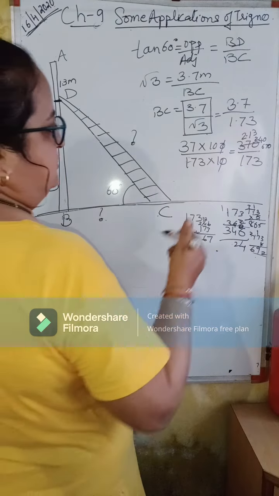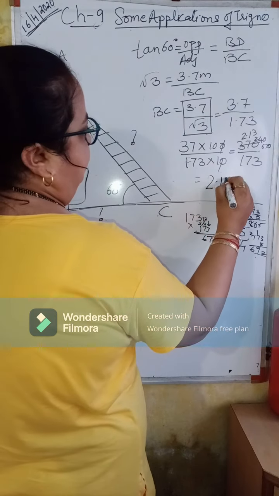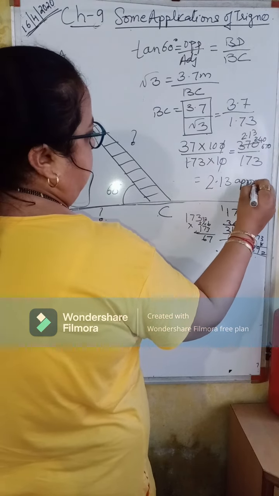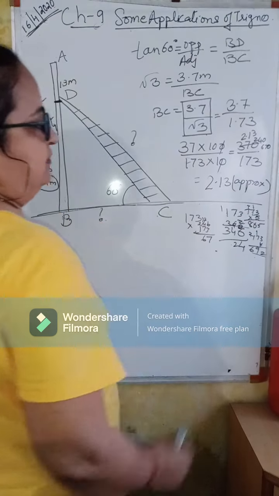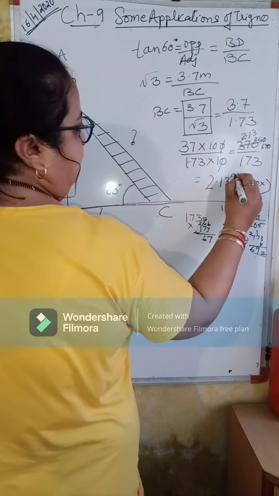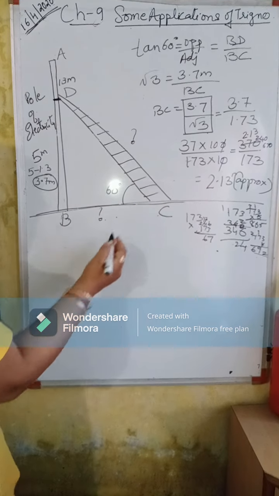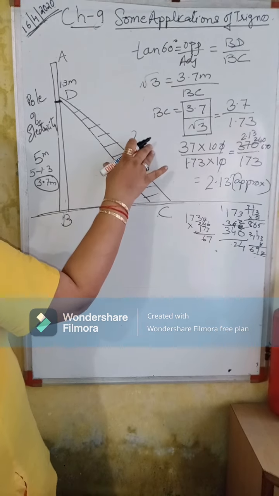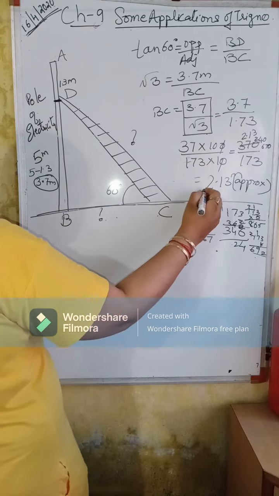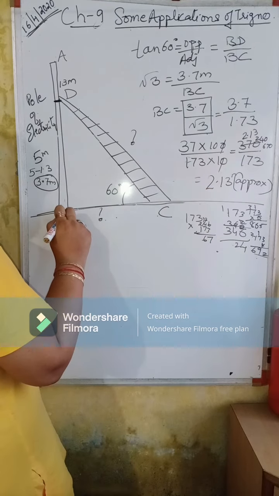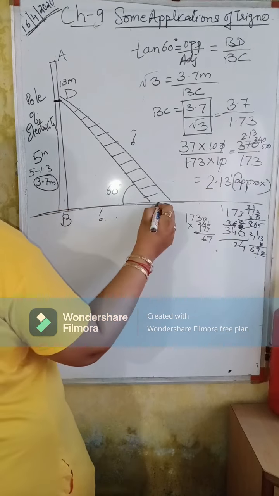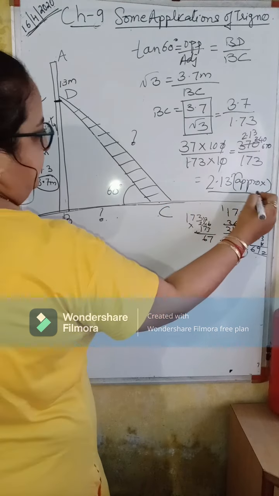You can put approximate 2.13 approx. Okay, this is your answer. Meter, write the unit. Then you got this. Now we want the height of the ladder. Distance you got. The foot of the pole, electric pole, and the foot of the ladder is 2.13 meter.